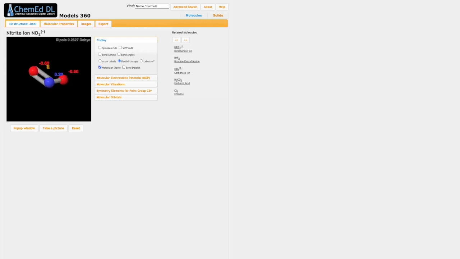Basically, the dipole is where the majority of the negative is if you were to draw a line. And then the bond dipole is the dipole per bond. So you have all that information in this ChemDL program. Okay, you have all that information.